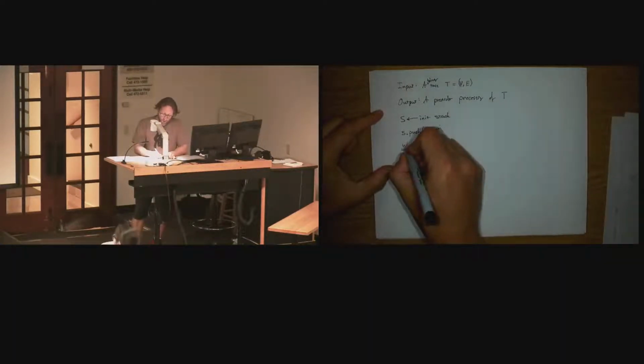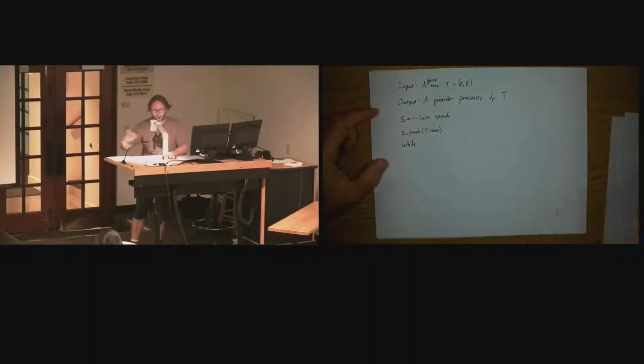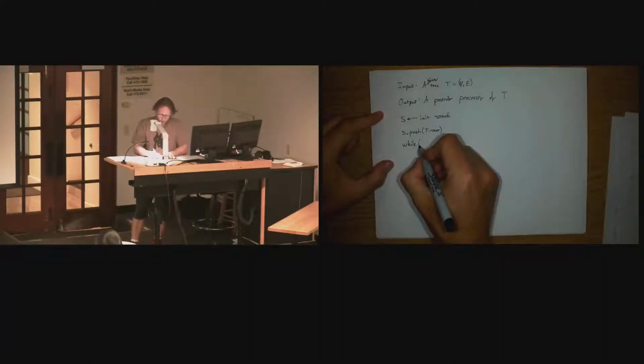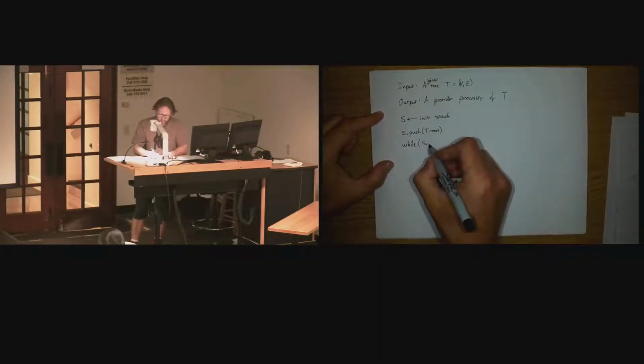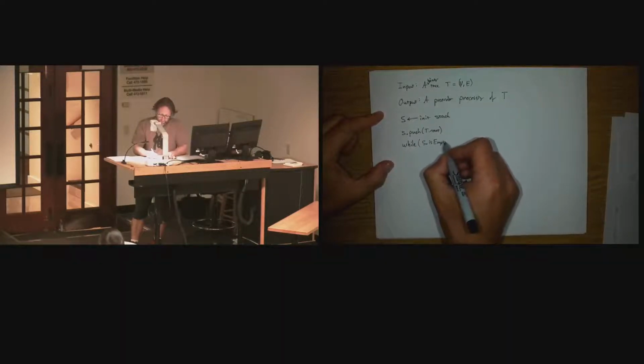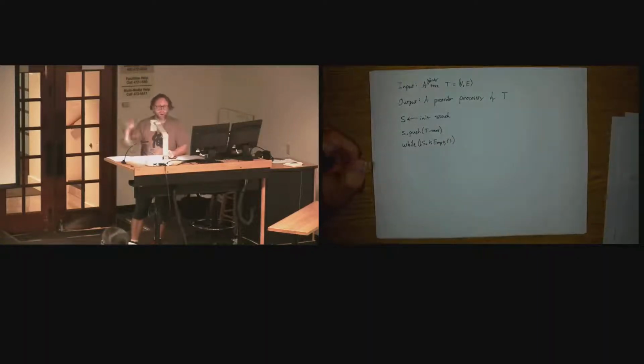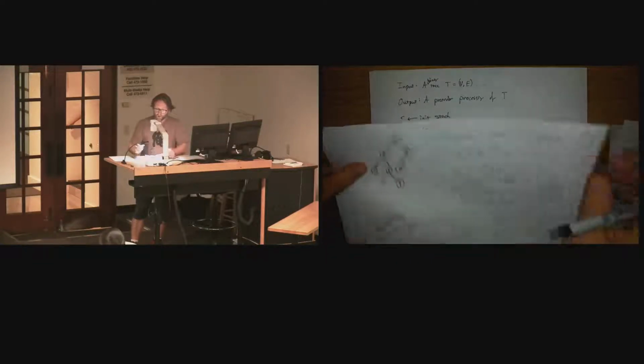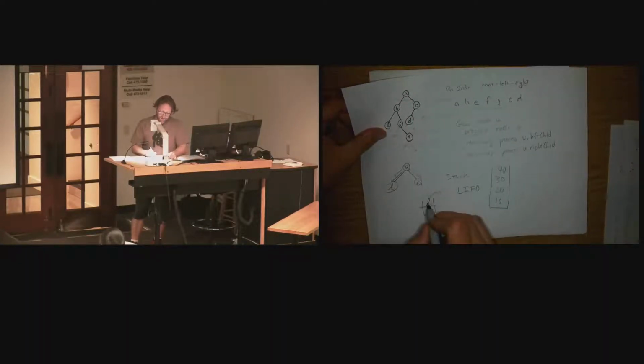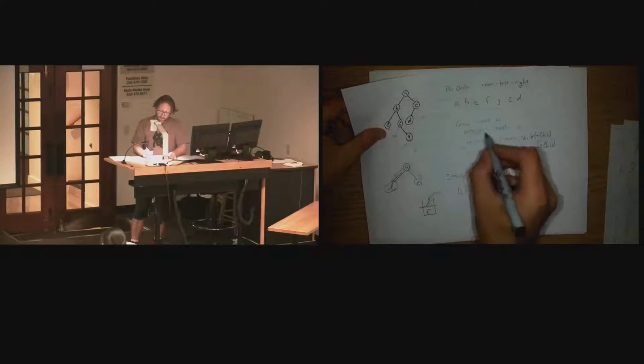Now I go into a while loop so that I can take care of all of the rest of them. While the stack S is not empty, then I've got stuff in the stack that needs to be processed. So I do exactly what I did here. I pop something off the stack and I process it.